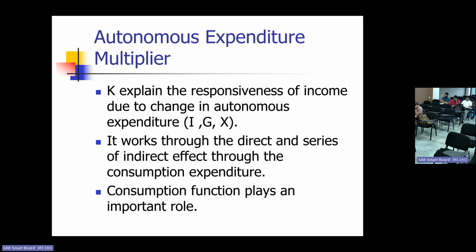The tax multiplier is negative, but it is different from the import multiplier: minus C1 over 1 minus C1 plus M. You can calculate the tax multiplier if you know C1 and the marginal propensity to import, which is the import function. That also can have a value. By considering all these things, you can calculate the tax multiplier.